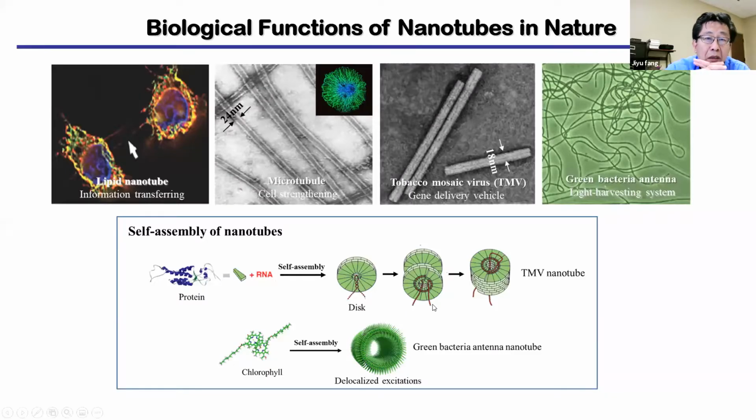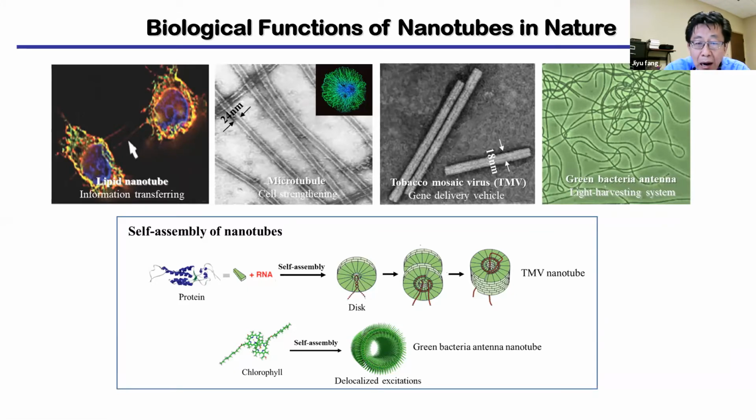Now, why am I interested in the tubular structure? Tubular structures, as we know, are often found in nature and provide important biological functions. For example, lipid tubules, which bridge two cells, can be used as an information highway for cell-cell communications. Microtubules provide mechanical strength for the cell.